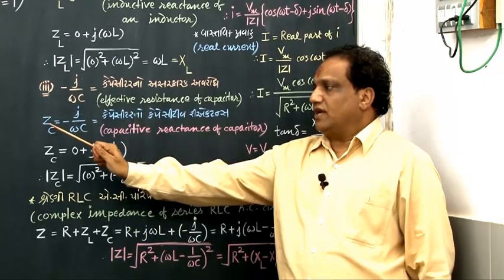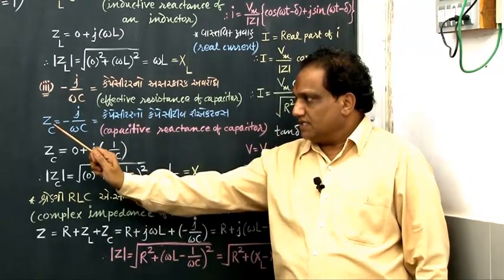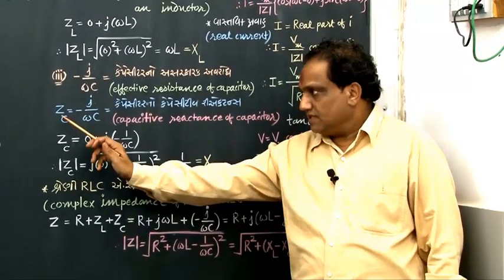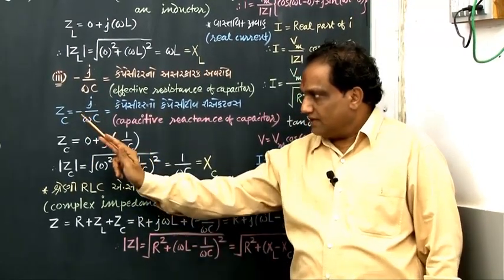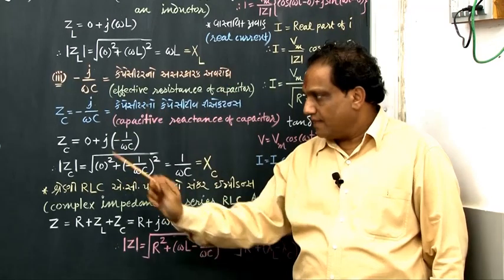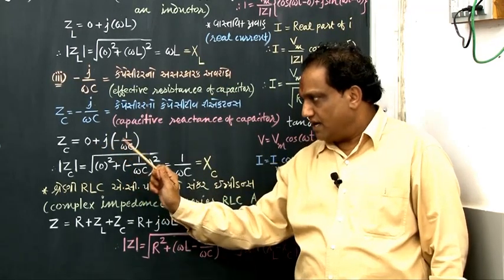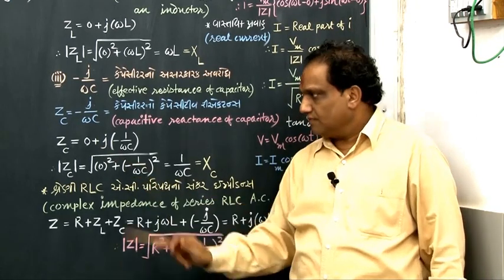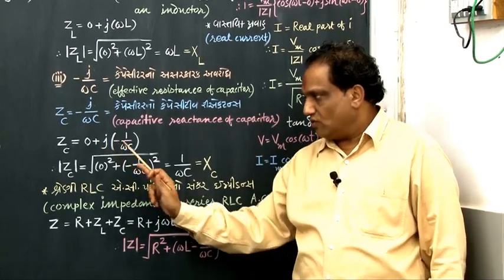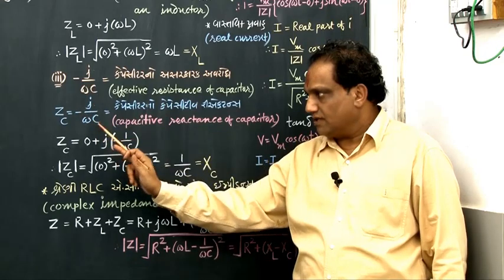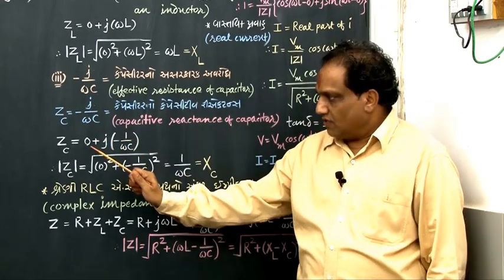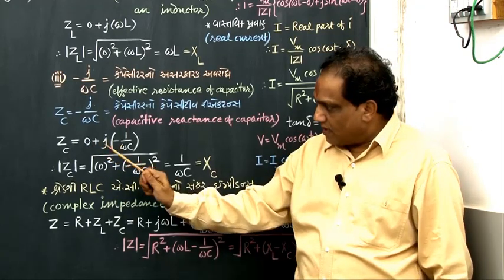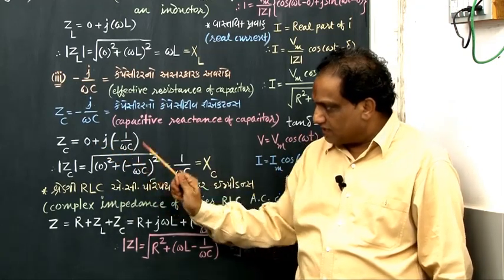Similarly, let us find out the magnitude of ZC. ZC is minus j upon omega C. I am rewriting it as 0 plus j into minus 1 upon omega C. The 0 is the real part, and the coefficient of plus j is the imaginary part.